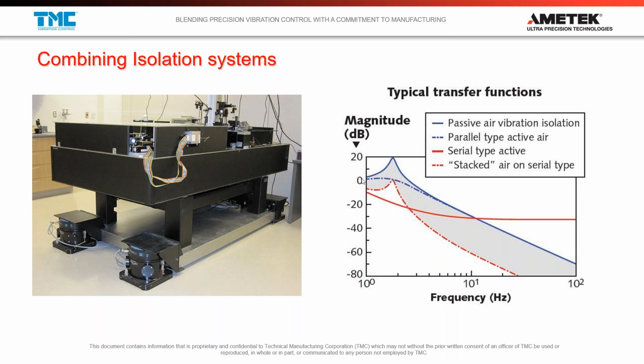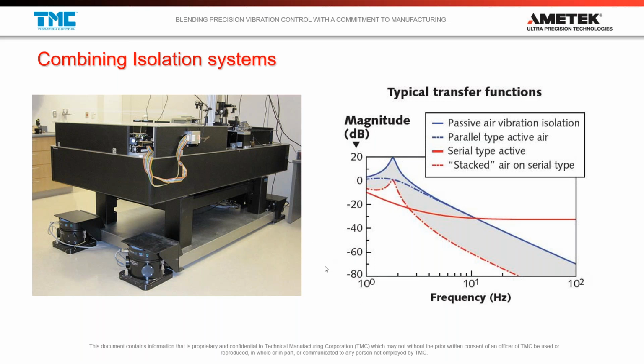That would give me something like this. I might be able to cancel out that resonant frequency and damp it out using that feedback control. In the best case, my higher frequency matches the high frequency roll off of my air isolators. Well, that's great, but I'm not really isolating at low frequencies here.